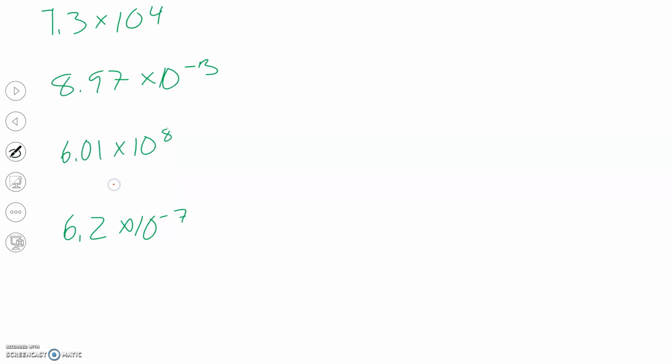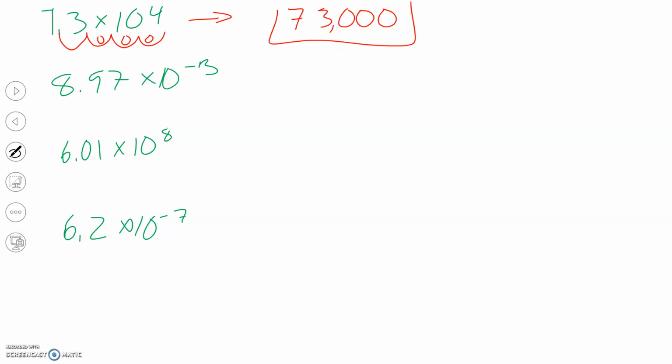Okay. So for this first one, what our number should be is 7, 3, and our decimal place moves 4 times. So 1, 2, 3, 4. So we end up with 3 zeros afterwards, and then I'm going to throw my comma in there. So there's that. With the next one, we're going to move it 3 places to the left.